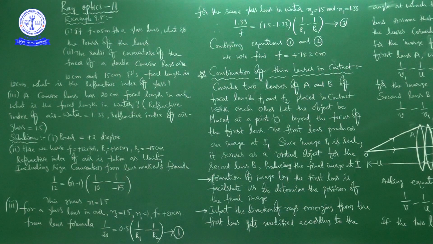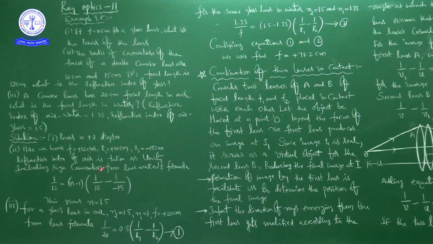Afterwards, they have given the focal length in air for a convex lens and are asking for the focal length in water. In the bracket they have also given the refractive index of air-water, that is 1.33, and the refractive index of air-glass, it is 1.5.